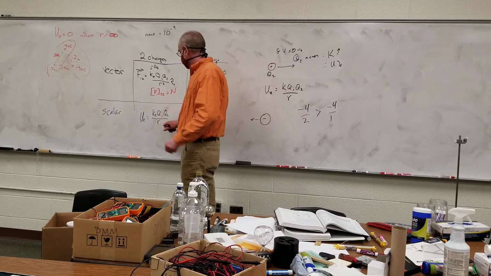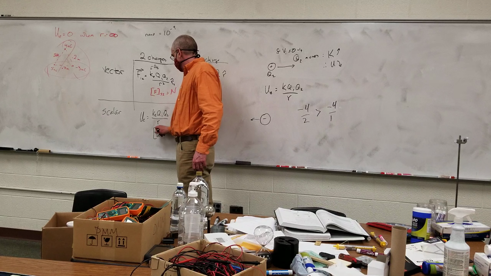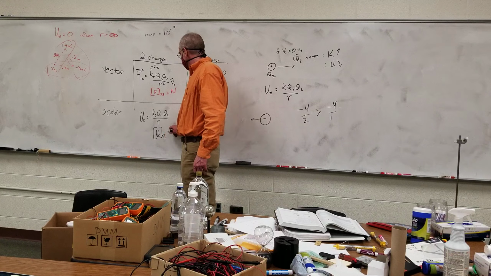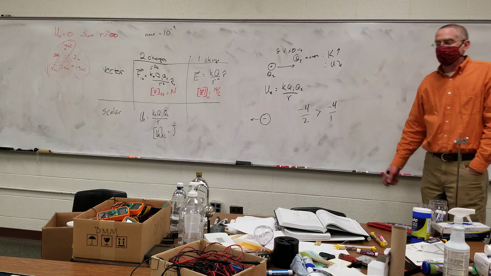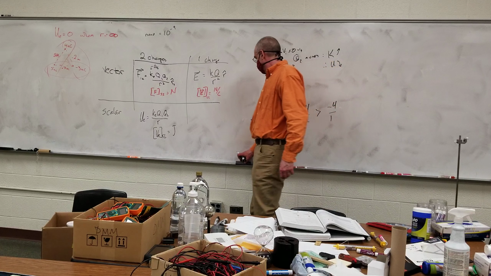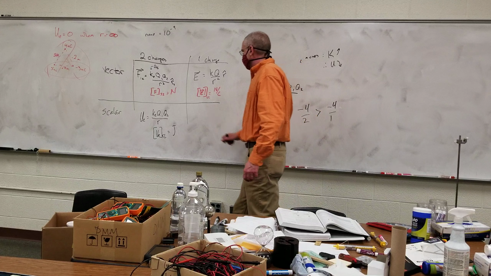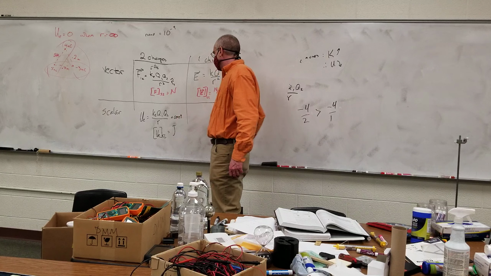No direction because it's scalar, and the SI unit is the joule. And obviously we have a blank here we need to deal with. I guess technically plus a constant, although often that constant is 0.